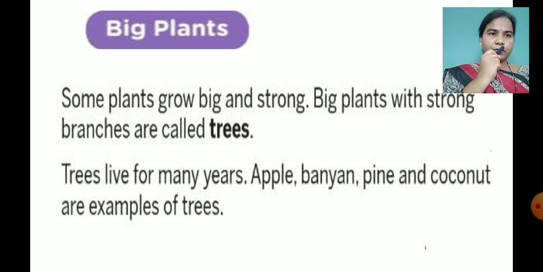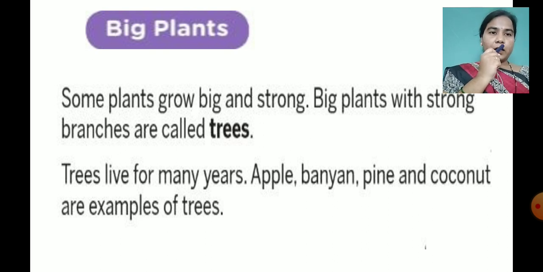Big plants with strong branches are called trees. Trees live for many years. Why? The answer is in front of you. Because these trees are strong. That is why they live for many years.